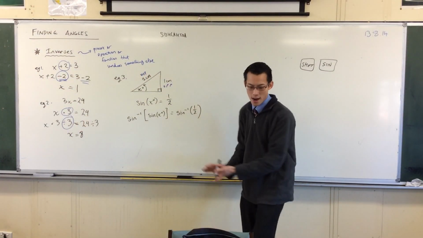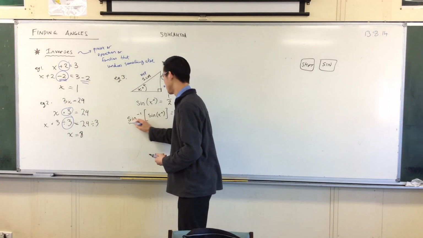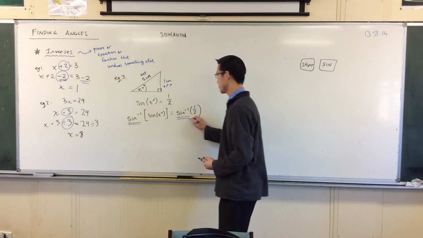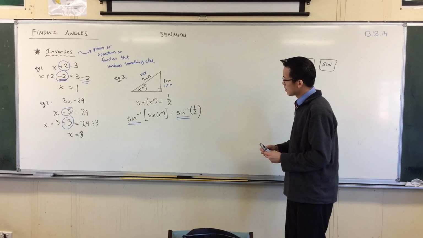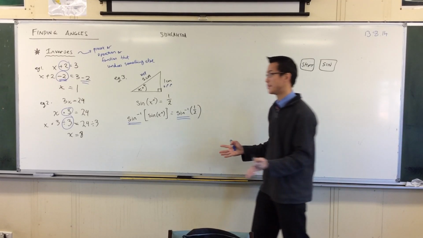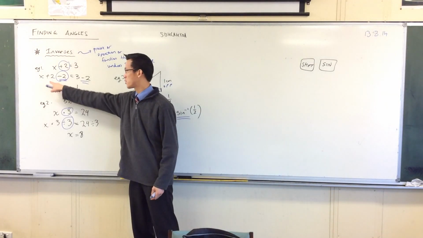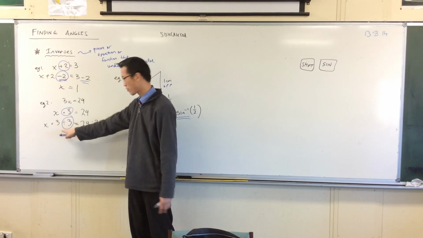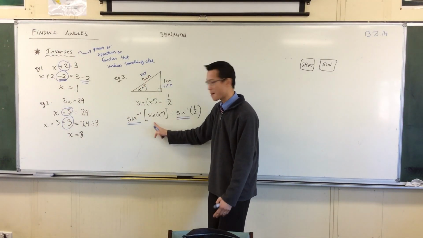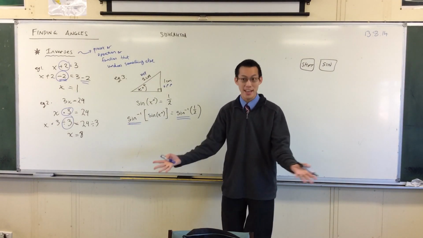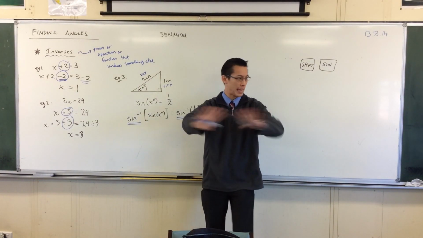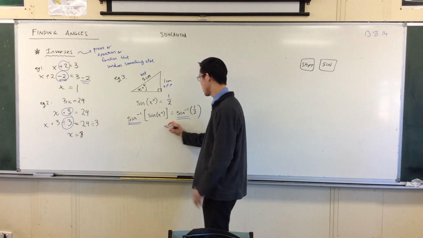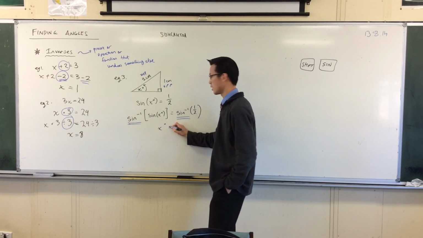Both sides here, I've done sine inverse. Now, here's what's going to happen. Just like here, +2 -2, you just get x. ×3 divided by 3, you just get x. So what's going to happen on the left-hand side? You just get x. The sine inverse and the sine will cancel each other out.